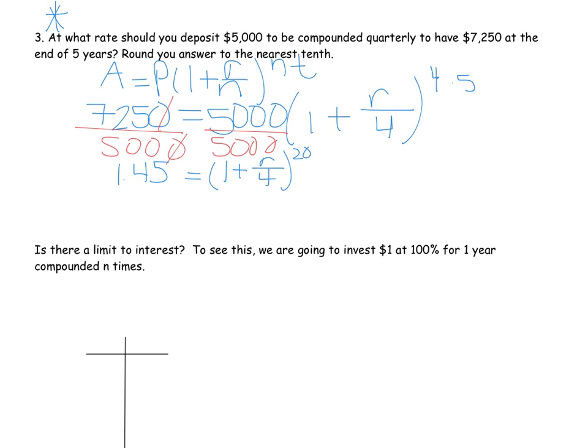Now, you've got some options in how you do this. You could take that 1.45, put it in parentheses, use the caret key, and do 1/20th. Instead, what I want you to try is actually doing the 20th root of 1.45.